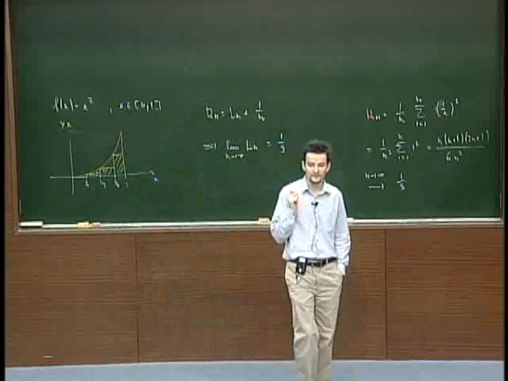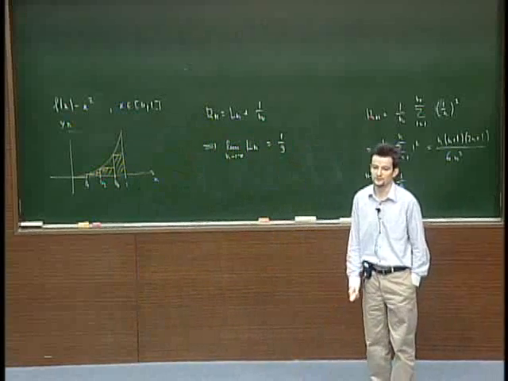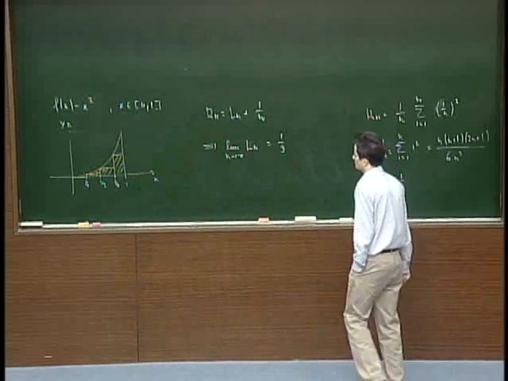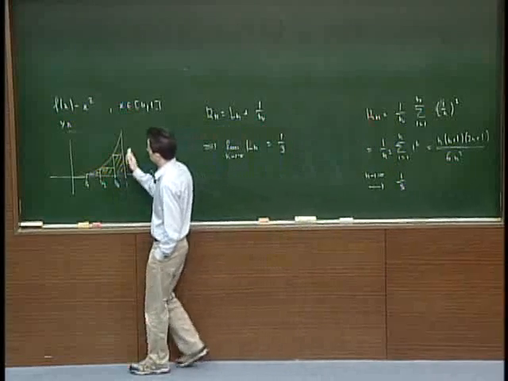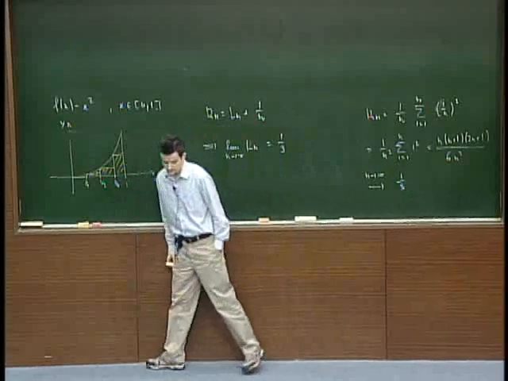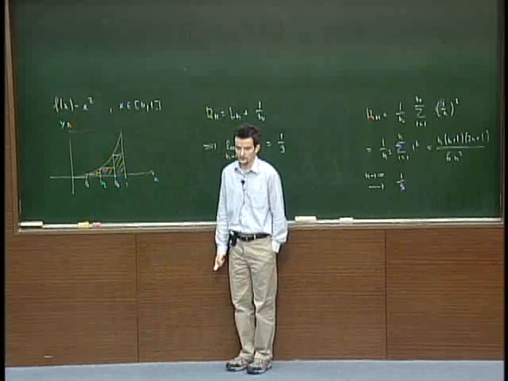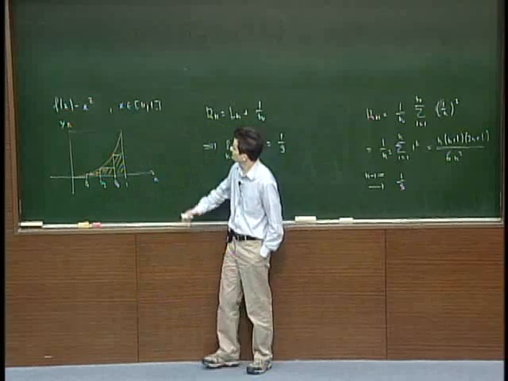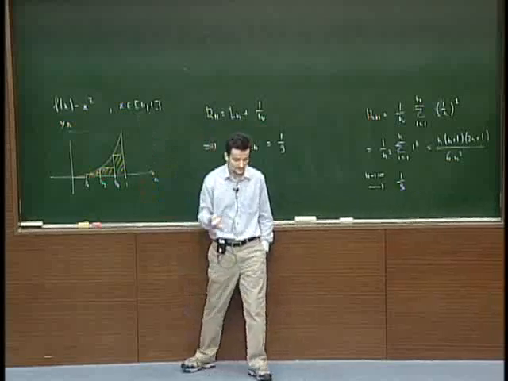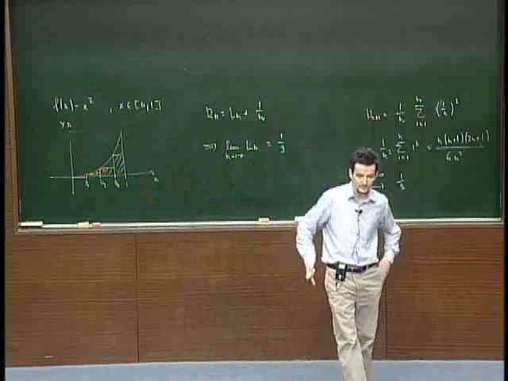And we will use the same approach for more general functions. So whenever we have a function and we have to define the area below the function, what we are going to do is we look at the interval from a to b. We divide it into subintervals.